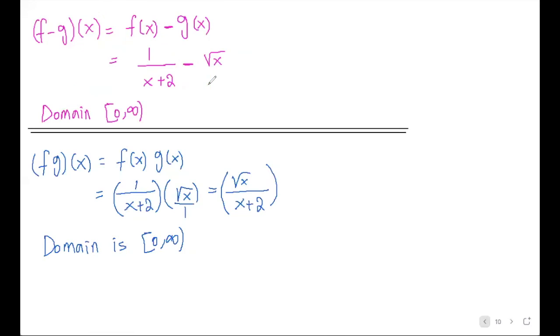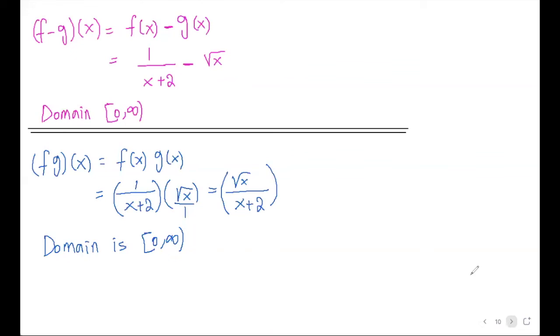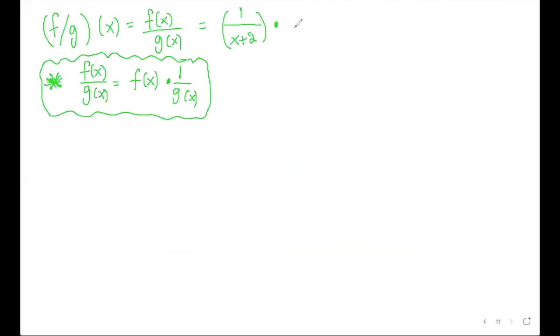The function g of x is the square root of x, so the reciprocal is 1 over square root of x. Now we have multiplication between two functions, numerator times numerator, denominator times denominator. So they give me 1 over square root of x times x plus 2.